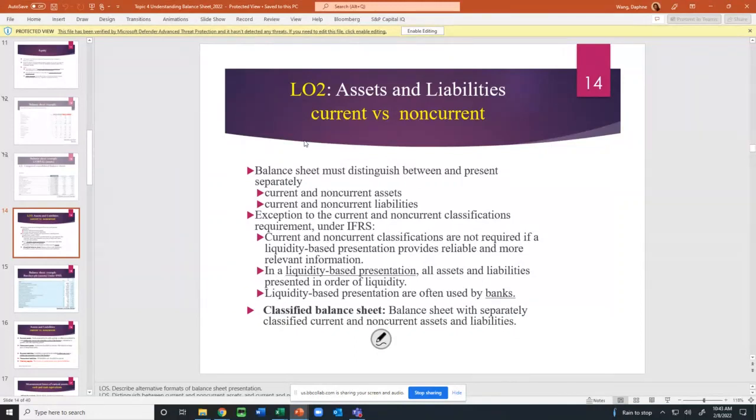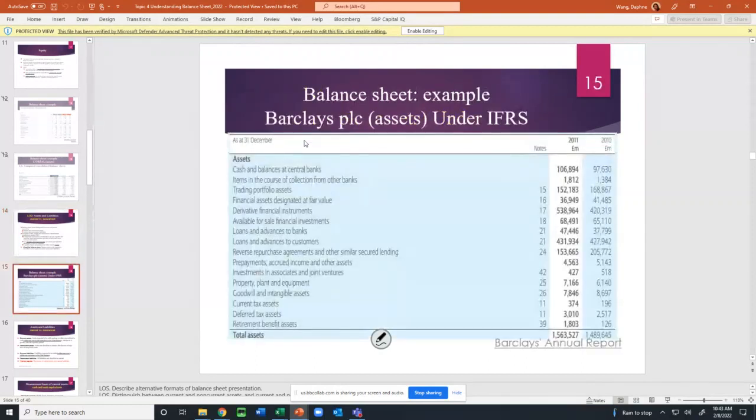So you don't need to present separate non-current and current. You can see this one groups everything together. To me, it's kind of messy. I'm not used to looking at this, but just to let you know, most of the time you see it under GAAP, so it will be different.